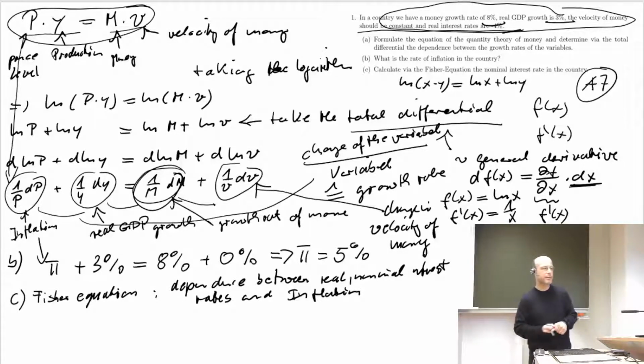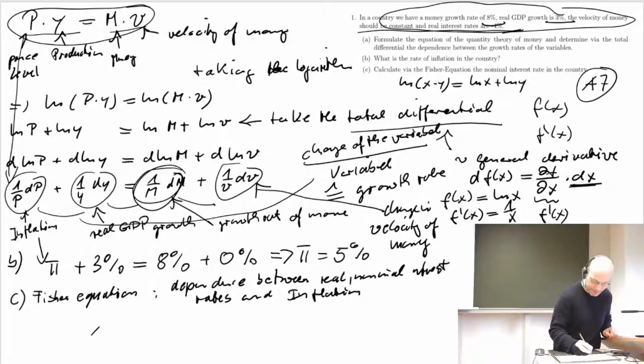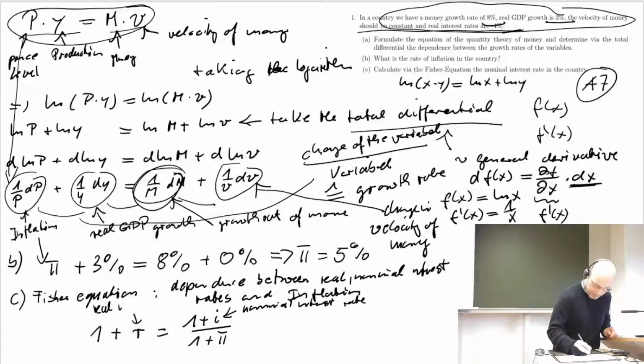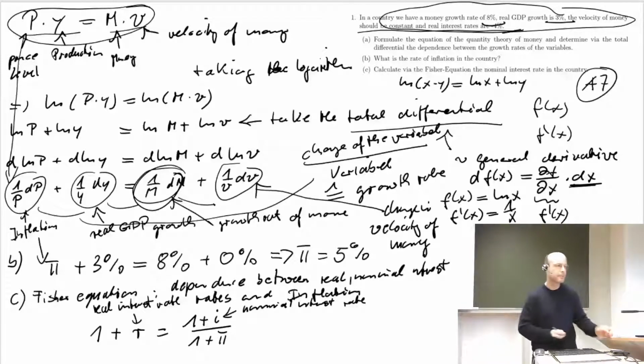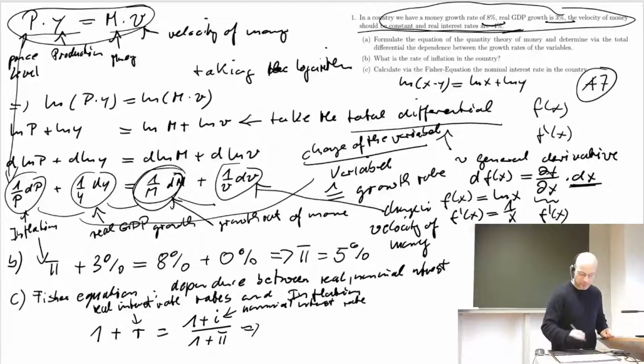And the exact equation, hopefully I have written this down also here: 1 plus i over 1 plus pi, where i is the nominal interest rate and r the real interest rate. Let's solve this for the nominal interest rate.